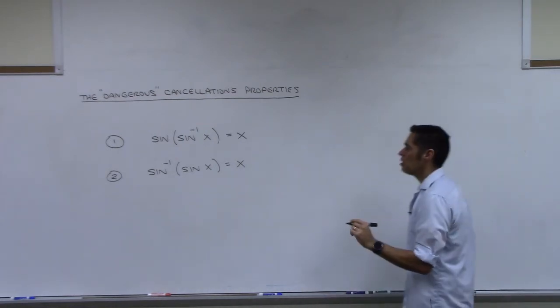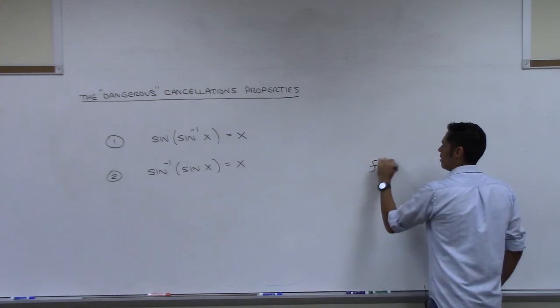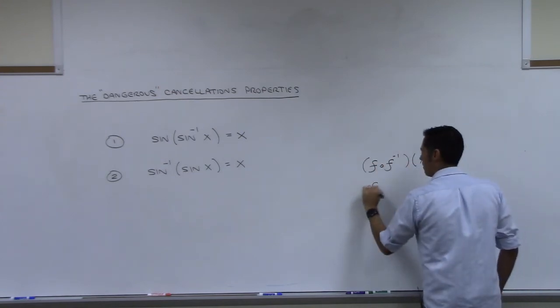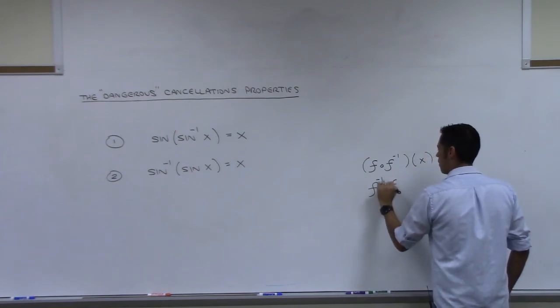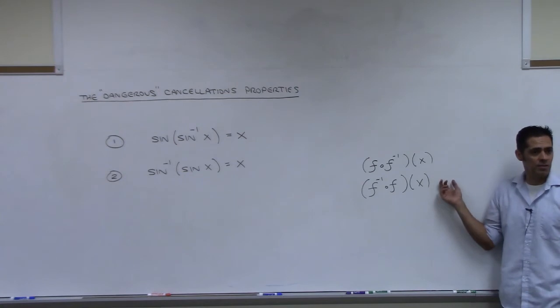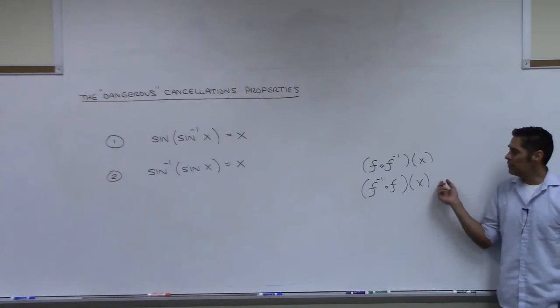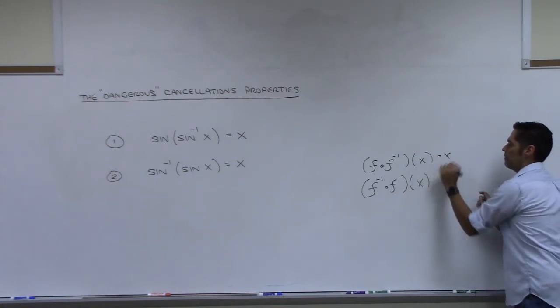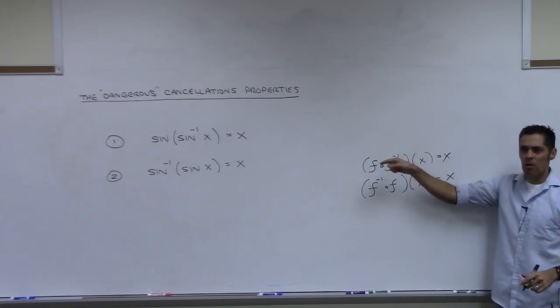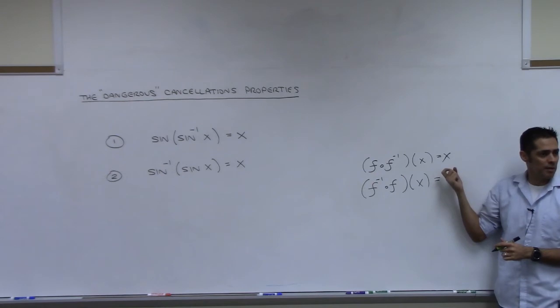Now, what this should look like to you is what I put on the board earlier, when I said, here's the real definition of what it means to be inverse functions from college algebra: if you plug in x and it goes through one and then loops back over, it'll go back to where it came from, right?